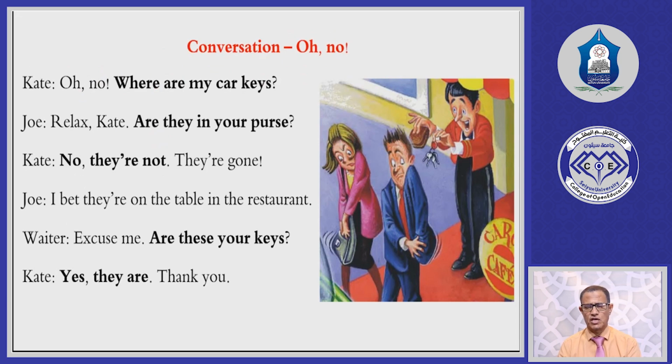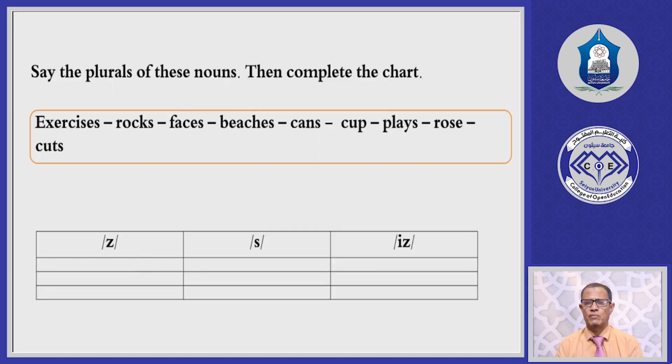So this is practice of yes/no questions and WH questions, and how you answer them. Be careful whether the question is about plural or singular. Now say the plurals of these nouns, then complete the chart. This point is concerned with the rule of pronunciation of the plural s. We have some words in the box: exercises, rocks, faces, beaches, cans, cups, plays, roses, and cuts.